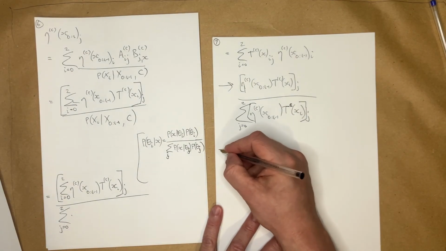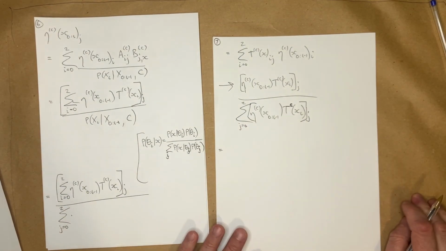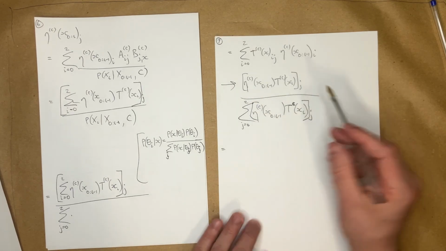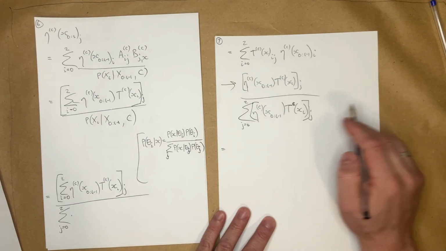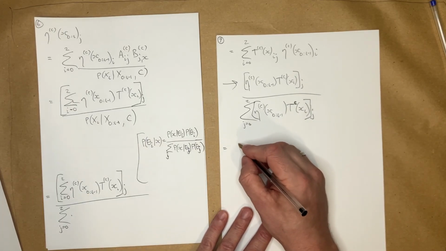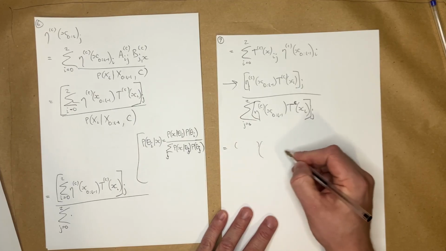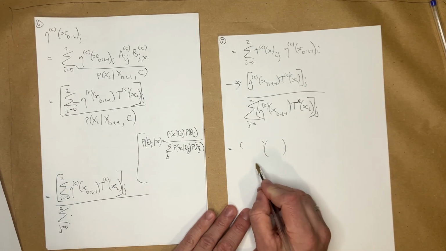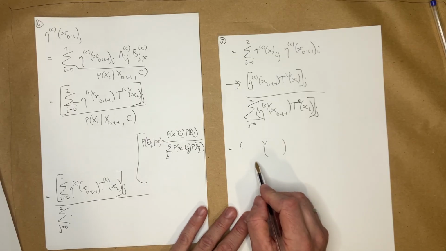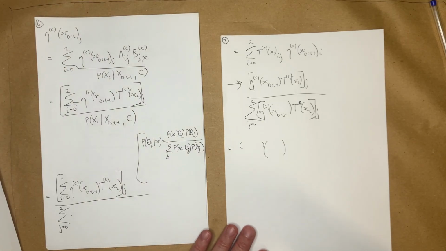Yeah, so a quick inspection then of the forms. Eta is a row vector, remember, and T is a matrix, and so what we have on the numerator is something of this form, and then on the denominator, let's see, now what have we got?